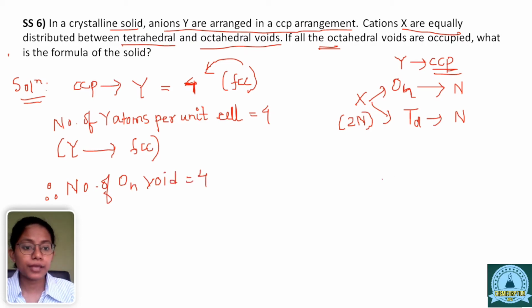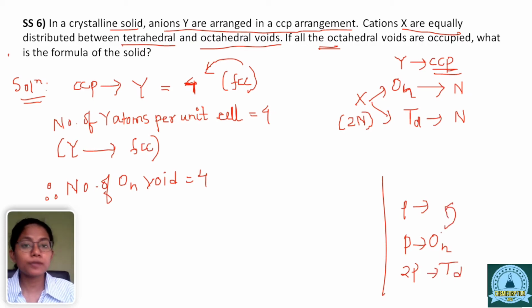So if P is the number of atoms per unit cell, then we have P octahedral voids and twice P tetrahedral voids. The octahedral voids equal the number of atoms per unit cell, and the tetrahedral voids equal twice the number of atoms per unit cell.